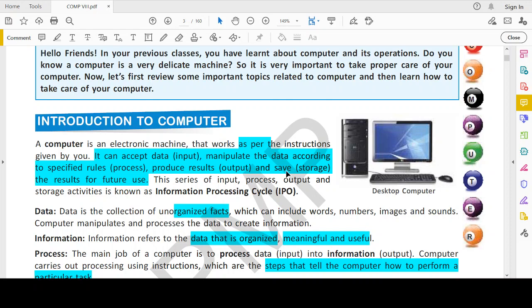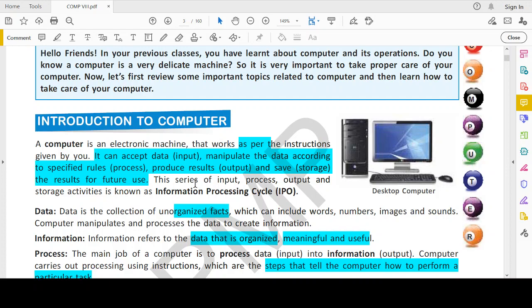After that, storing the results for future use. So this series of steps of taking input, processing the input and outputting the data on the output devices and storing it on a storage device is known as information processing cycle.